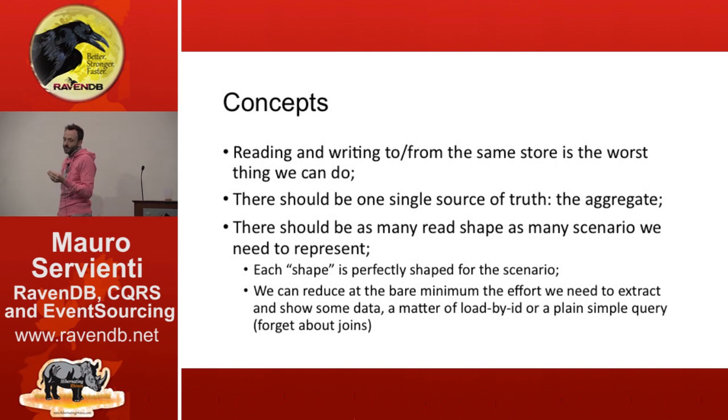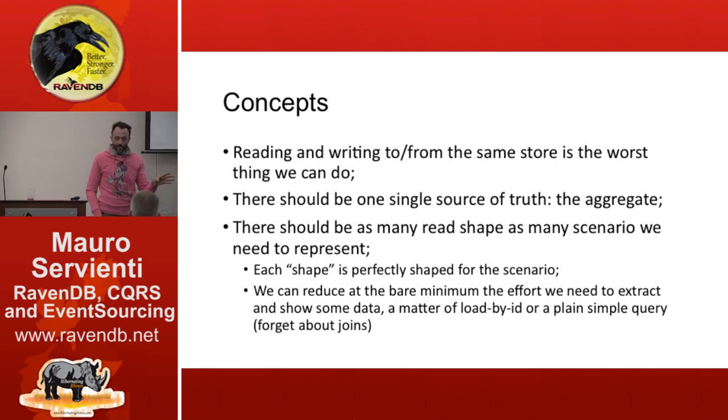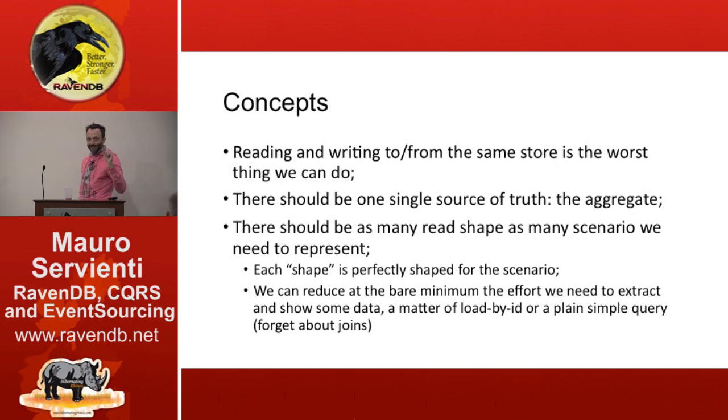If the same data is displayed 10 different times, you should have 10 different classes, 10 different C# objects that represent that, and they should be mapped to 10 different views in the database. And then there should be some sort of background engine that updates stuff and keeps stuff in sync.